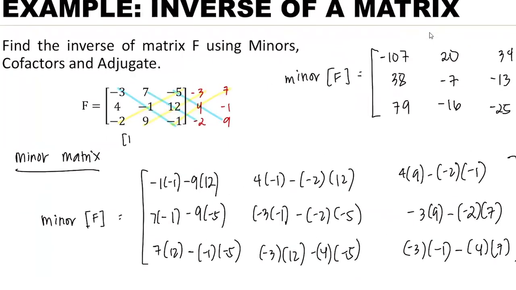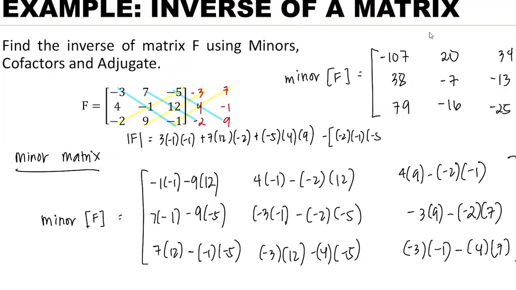Determinant ng F, sorry, determinant ng F will be equals to 3 times negative 1, plus 7 times 12, negative 2, plus negative 5, 4 times 9, minus negative 2, negative 1, negative 5, plus 9 times 12 times negative 3.